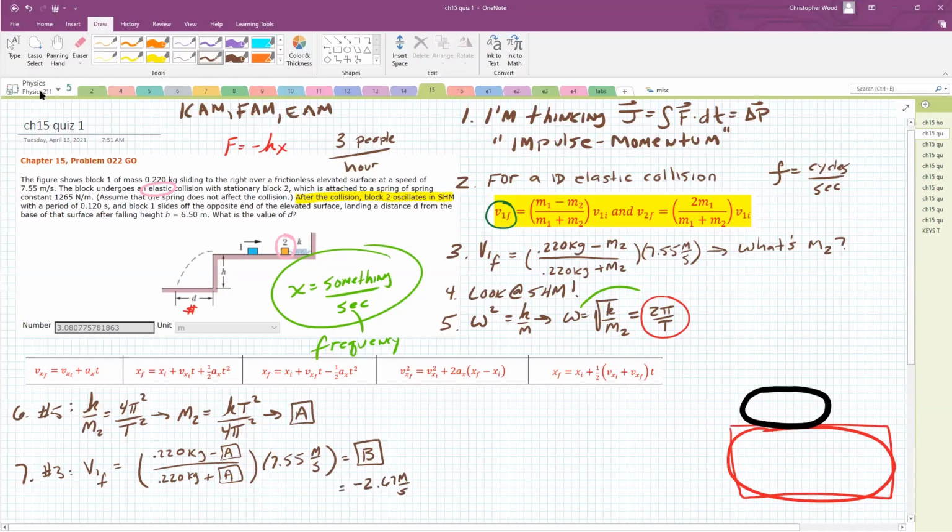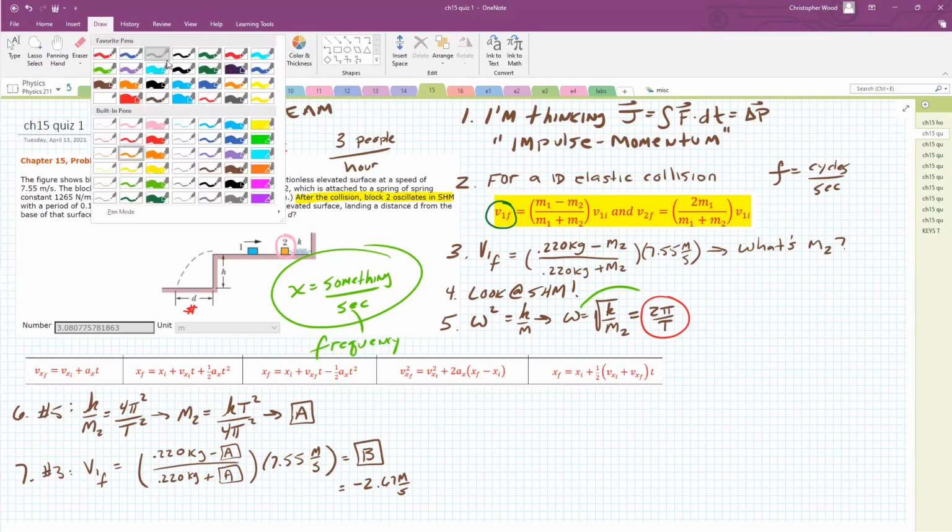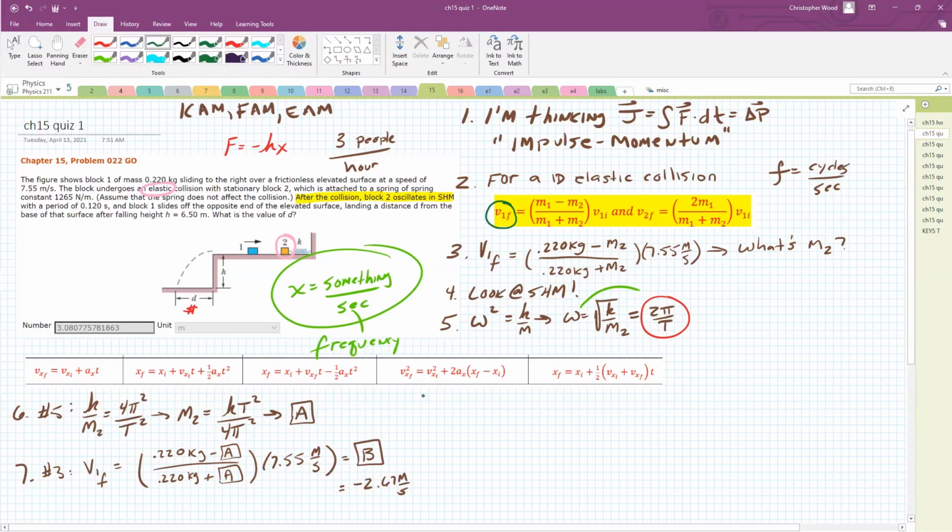So now it's just two-dimensional kinematics. This is something we covered literally the first week in class. In fact, there was a whole lab dedicated to two-dimensional projectile. Number 8. Here goes.